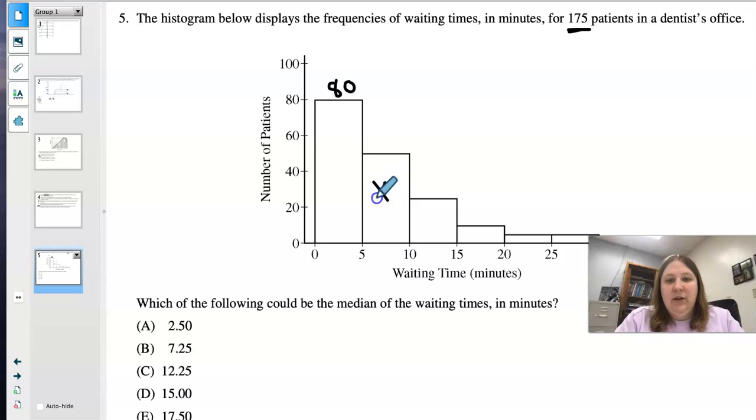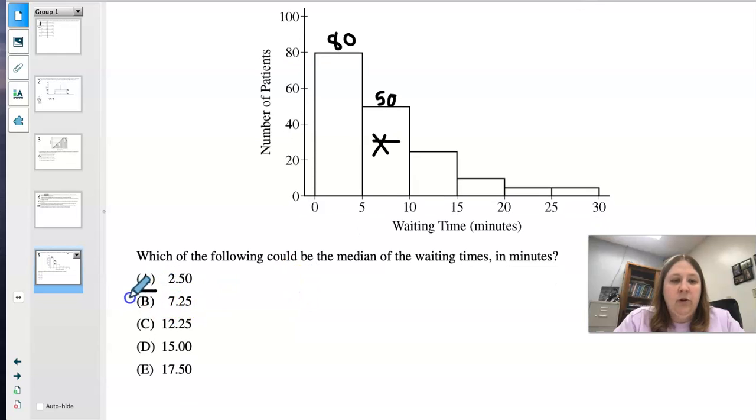The median is going to fall somewhere inside of the next bar. Half of 175 is going to be somewhere a little less than 90. So the 90th observation would occur in this bar because this bar is about 50 high. We know it's somewhere between 5 and 10, and there's only one choice between 5 and 10, so that's the only possibility.